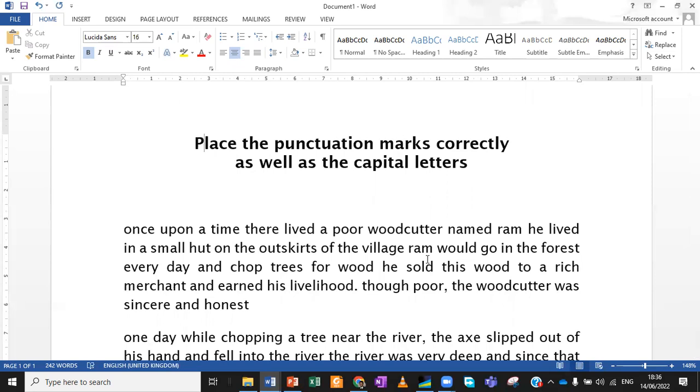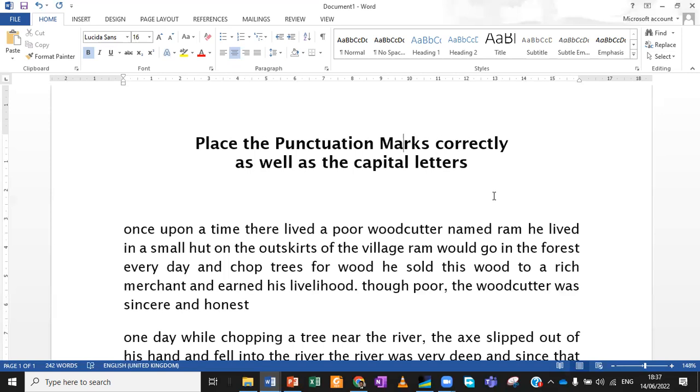This P again, on punctuation marks, should be a capital P as well. Place the punctuation marks correctly. You are done with capital letters now.